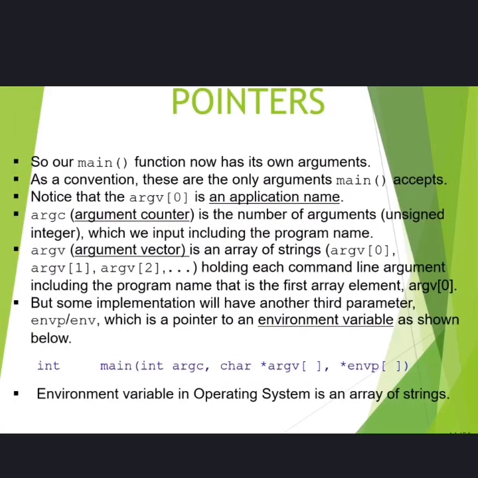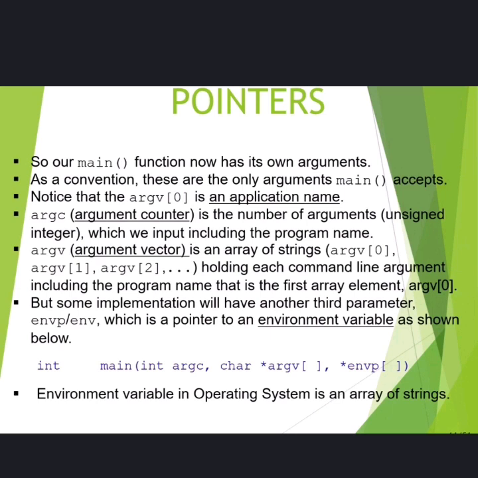So our main function now has its own arguments. As a convention, these are the only arguments main accepts. Notice that the first argument vector entry is the application name. Argument counter is the number of arguments which we input including the program name.